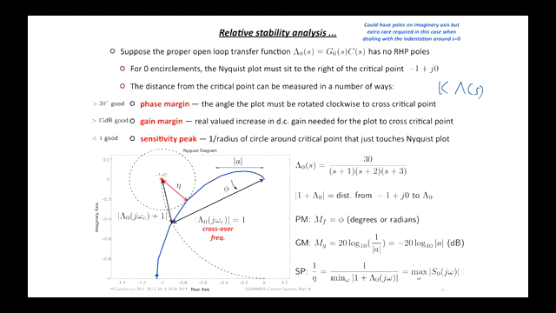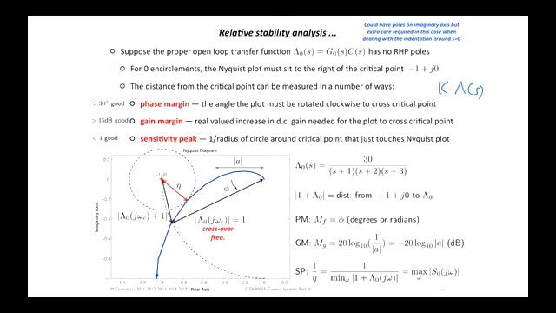And if we then say, how much can I scale it up by before I end up on top of the critical point? That's a measure of how close you are. Well, it's 1 divided by the magnitude of lambda, where lambda has a phase of minus pi. So it's a gain margin.